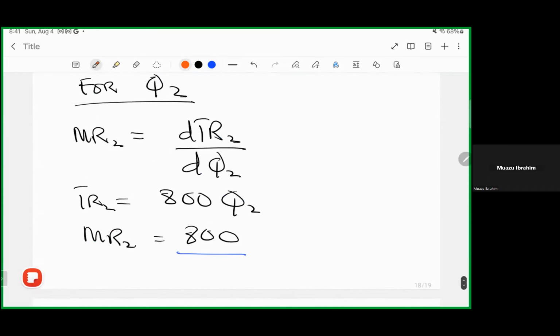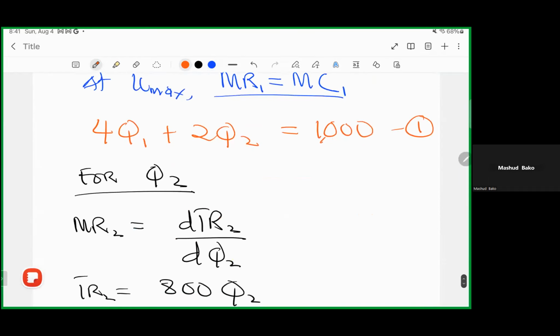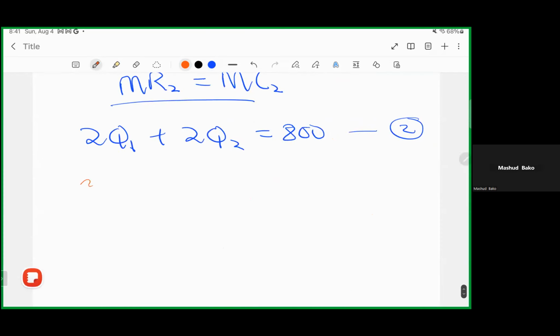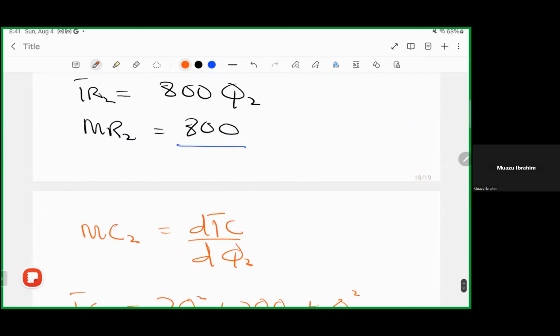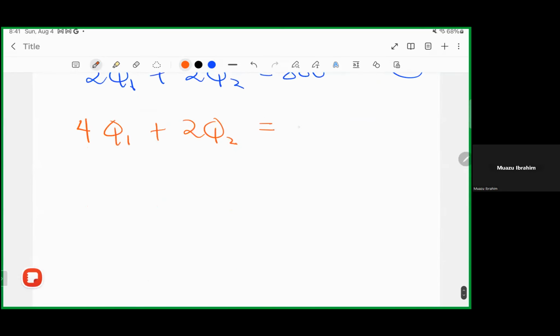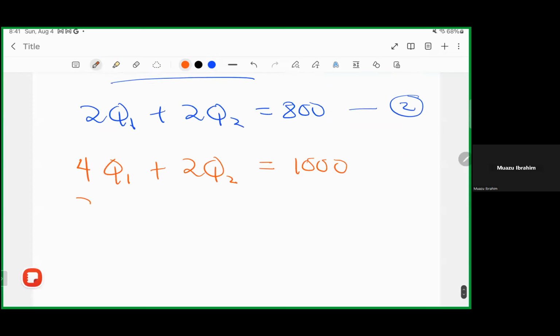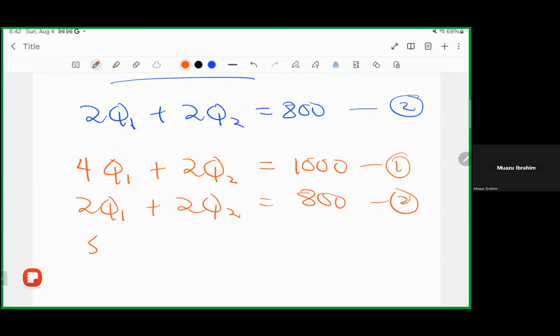Equation 1 is 4Q1 plus 2Q2 is equal to 1,000. And the other one is 2Q1 plus 2Q2 is equal to 800. So this is equation 1 and this is equation 2. So we solve simultaneously.